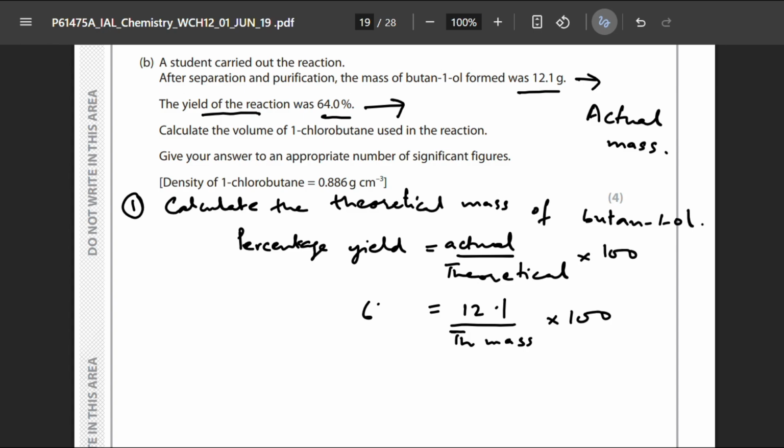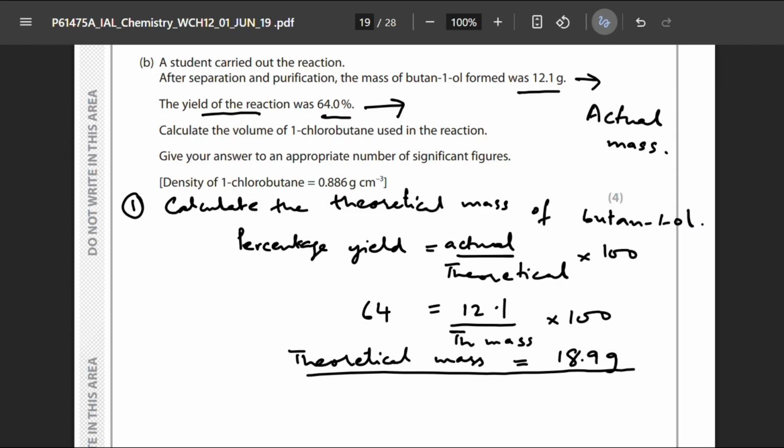The actual mass which is produced is 12.1. We need to find the theoretical mass. We have the percentage yield, that is 64. So through this formula we can find the theoretical mass, and that is 18.9 grams.